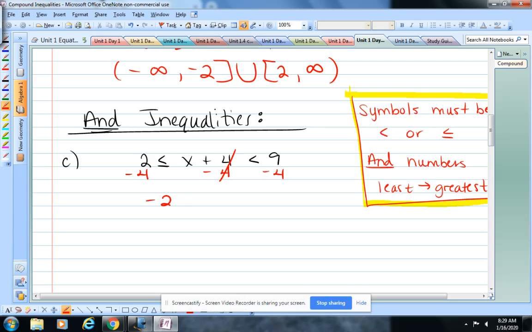Copy your less than or equal to sign. x is by itself now in the middle. Copy that less than sign. So you always just bring those symbols down just like they say. And what's 9 minus 4? +5. And as long as your x gets all the way by itself in the middle, that's your solution as long as it meets these qualifications. Is this number lower than this number?